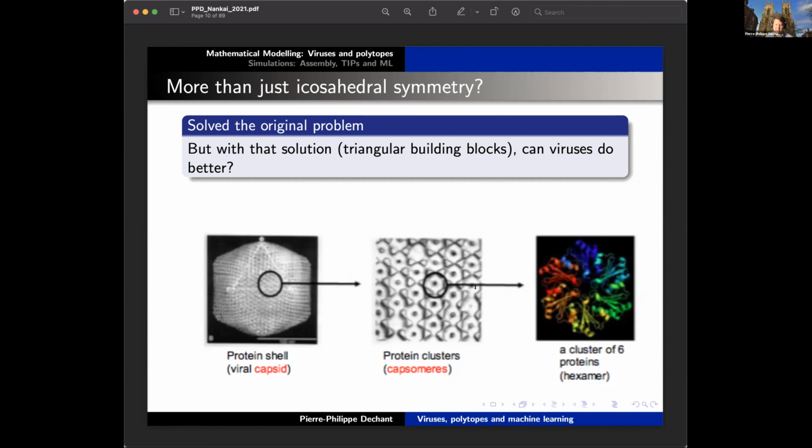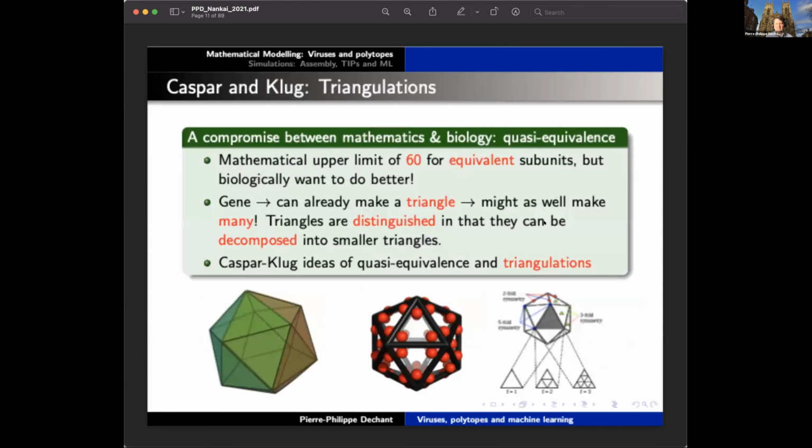So actually viruses have evolved to use these triangles a lot more smartly than just using them to make one icosahedron. There's a lot of substructure. So the icosahedral faces are all sort of clad out with some hexagonal looking lattice. And that's because if you've got a triangle and you have this icosahedron made of triangles, you could imagine subdividing each of these large triangles in terms of smaller triangles.